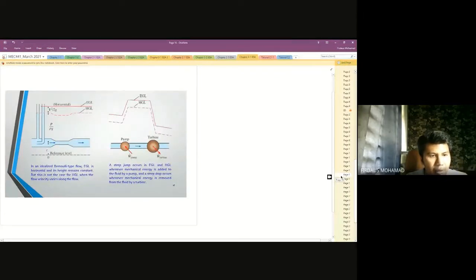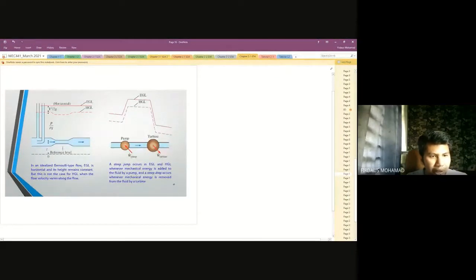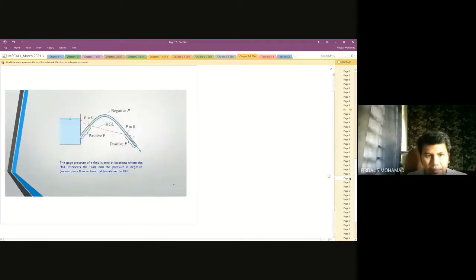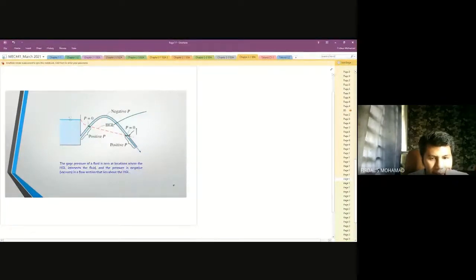Okay, so yang ni dia explain balik tadi. Kalau idealized, kenapa dia jadi straight line, horizontal straight line. Okay, so ni kalau HGL, hydraulic grade line, kalau dia intersect dengan fluid, tempat dia intersect tu, contoh kat sini dengan kat sini, pressure kat sini equal to 0.